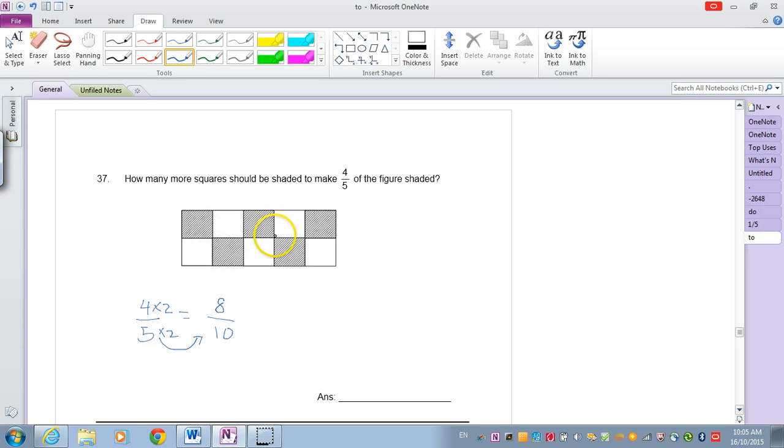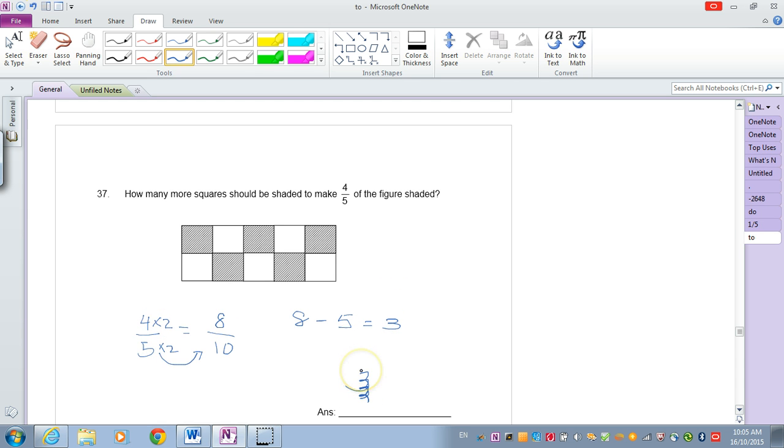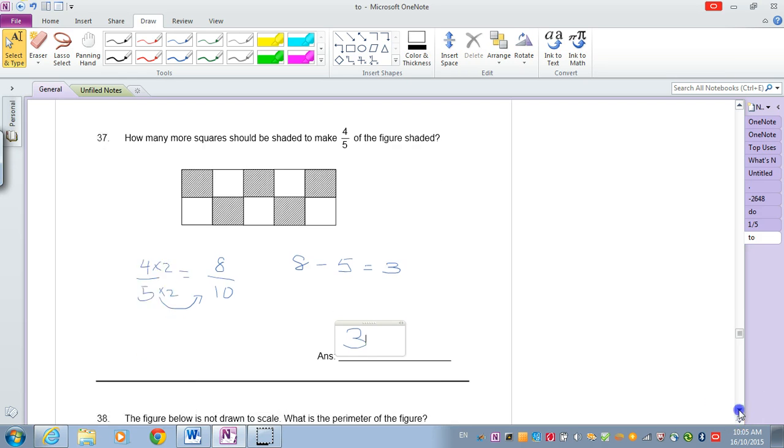I only have 5, but I need 8. So what should I do? 8 minus 5 gives me 3. So I will need another 3 more. Alright, let's move on to question number 38.